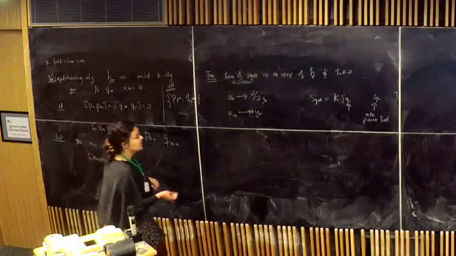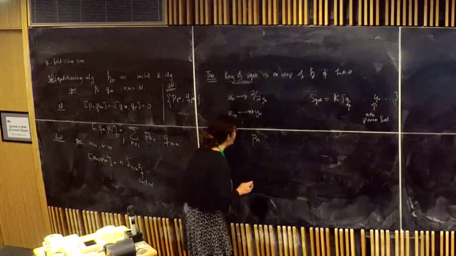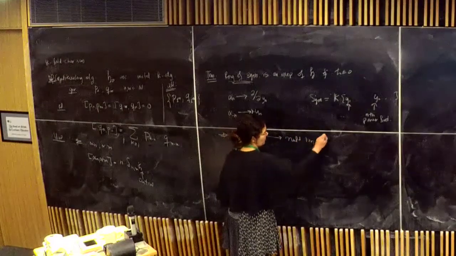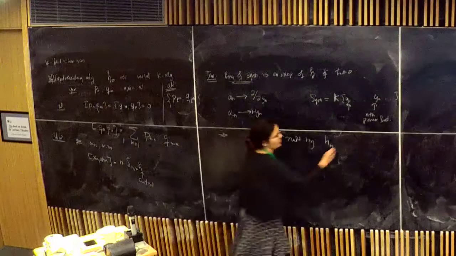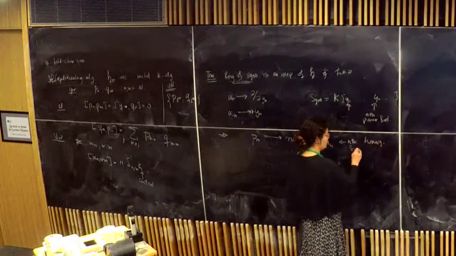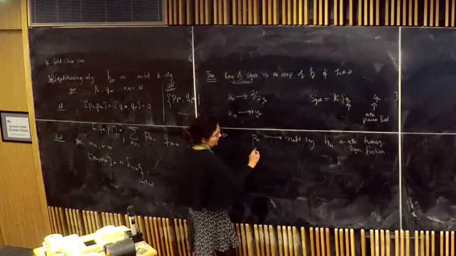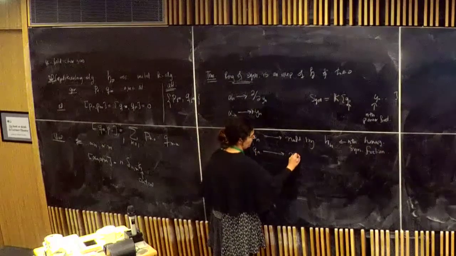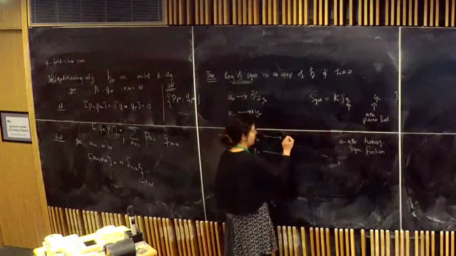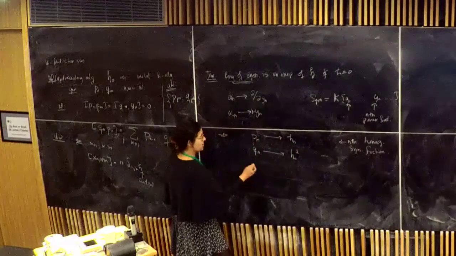At the level of these generators, we see that Pn is going to be acting just by multiplication by your nth homogeneous symmetric function, Hn. Qn is going to be acting by Hn perp, and I'll define what that means in a second.